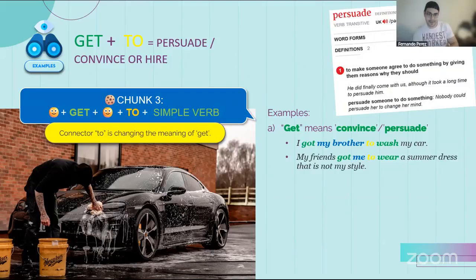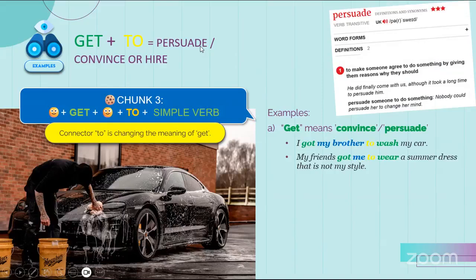Are you familiar with the word persuade? Yes, that you try to convince someone to do something. When you convince someone to do something, you can use the verb get to replace the word convince.